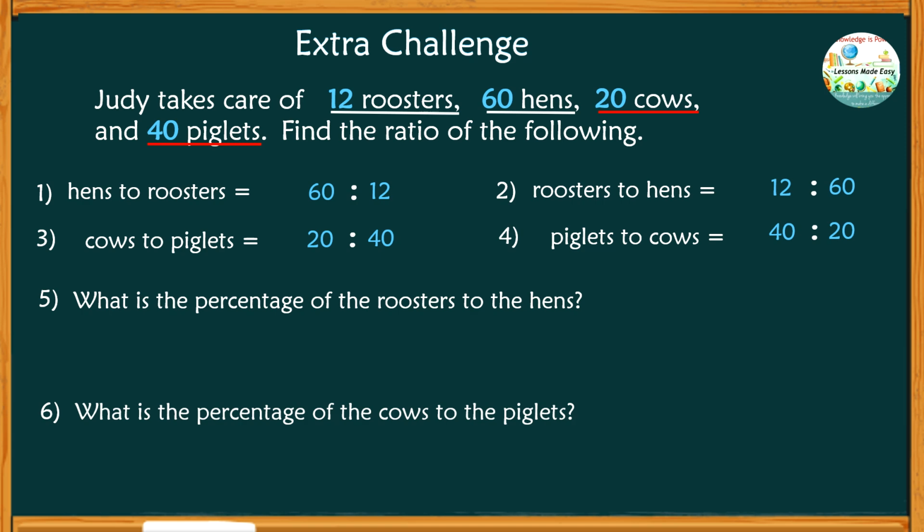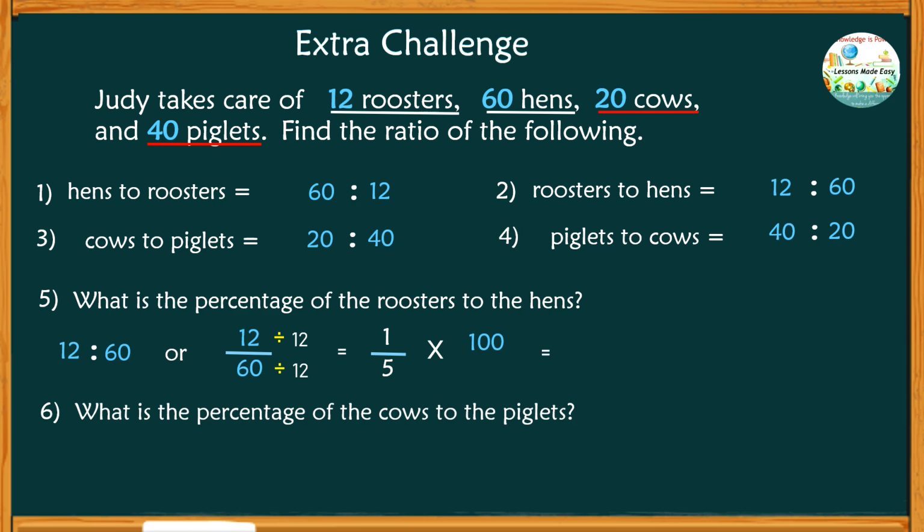For number 5, let's find out the percentage of the roosters to the hens. The given ratio of roosters to hens is 12:60. In a fraction form, this can be written as 12/60. To find the percentage, we need to multiply the fraction by 100. But first, we can reduce this number. Dividing by 12 reduces this fraction to 1/5. Then multiply this number by 100 to get the percentage.